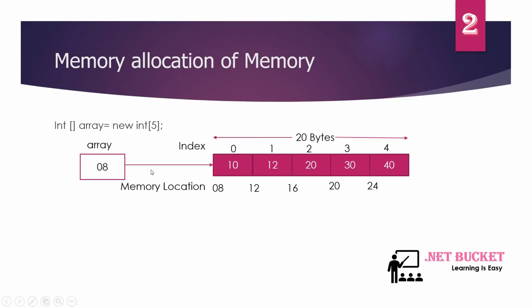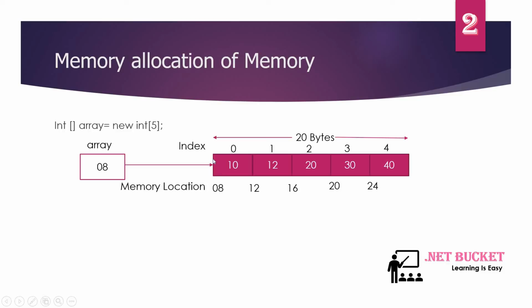What the compiler will do is allocate 5 continuous memory locations. Since an integer takes 4 bytes, it will take 4 into 5, 20, so it will allocate 20 contiguous bytes of memory.